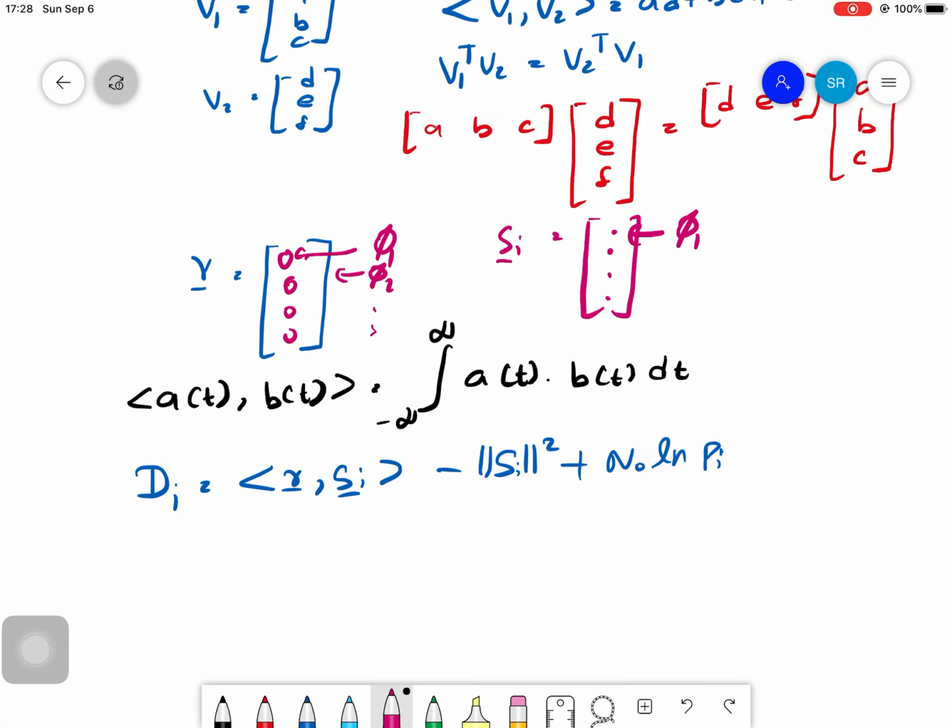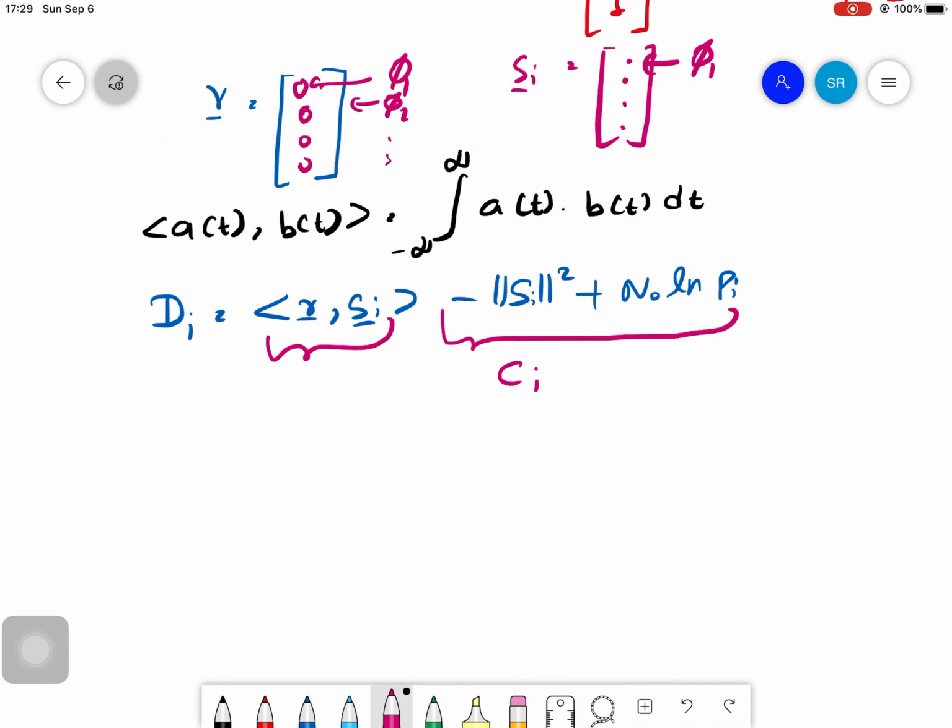To make things easier, I call this c_i. This is a scalar, and this is also a scalar. This is the dot product between our received signal and the ith signal in our transmitted signal set.